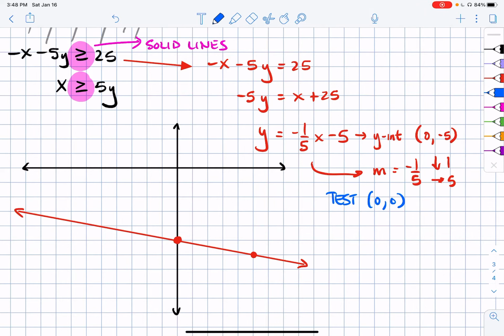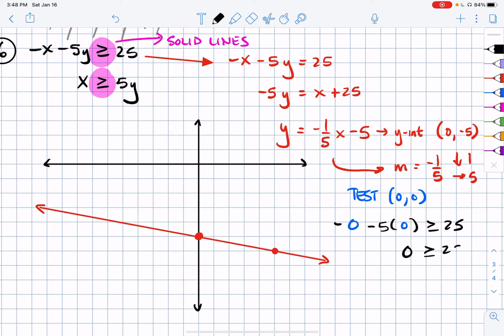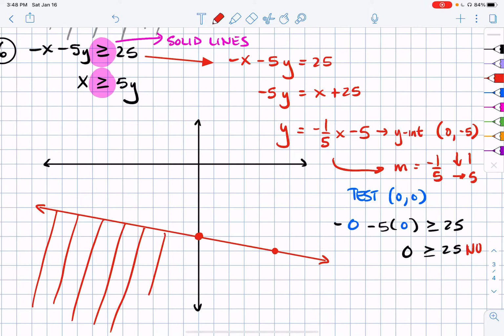So I'm going to have 0 minus 5 times 0 and see if that is greater than or equal to 25, which the left side is going to be 0. Is 0 greater than or equal to 25? The answer is no. So that means I got to shade away from 0, 0.